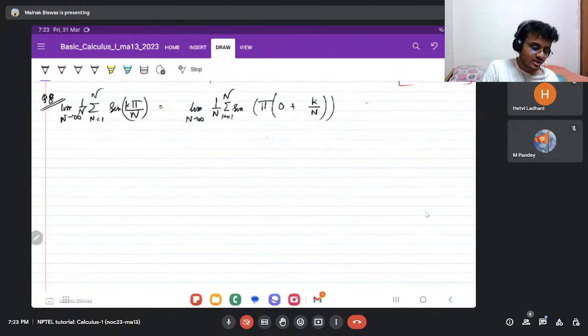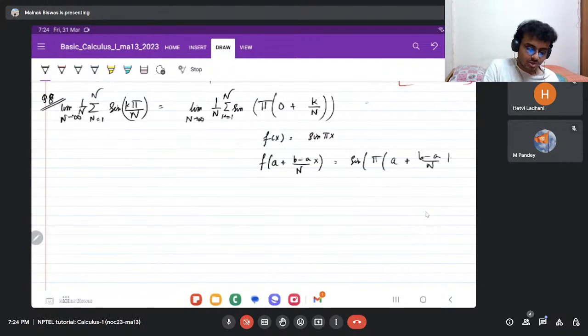If I take f of x as sine pi x, then I will have f of a plus b minus a by n into k, which is sine of pi into a plus b minus a by n into k.